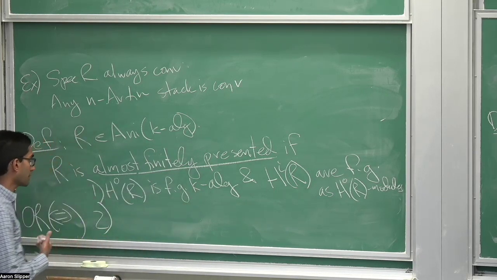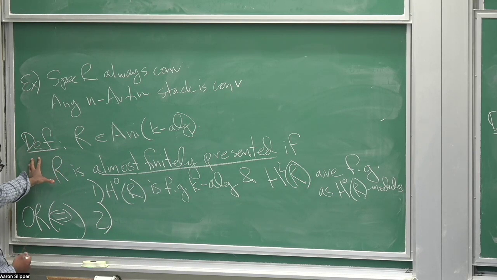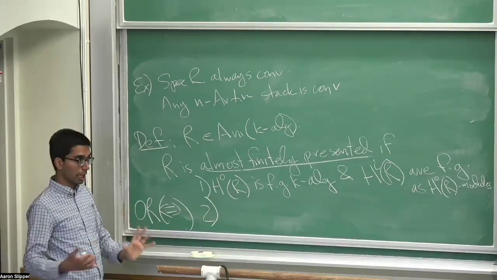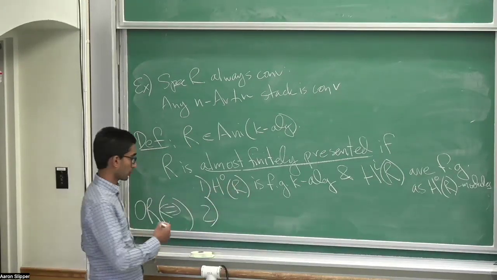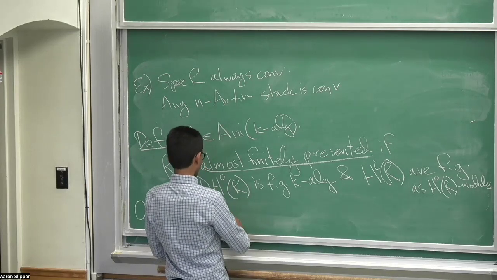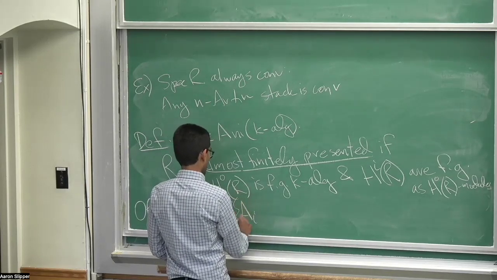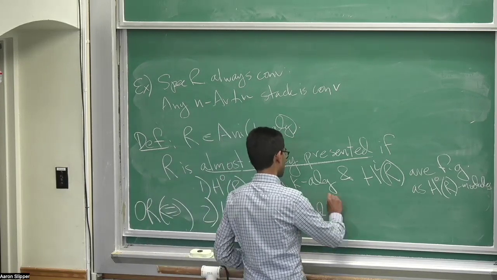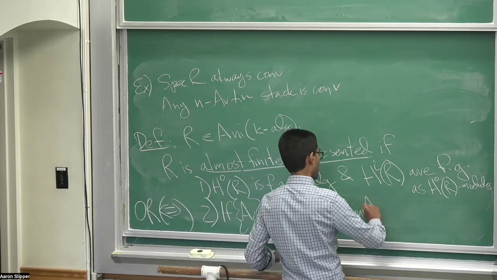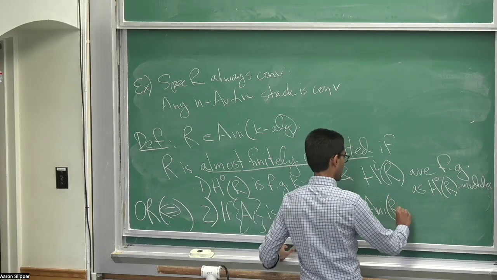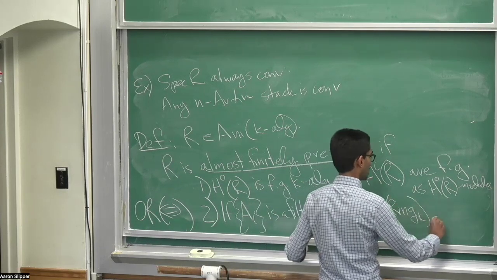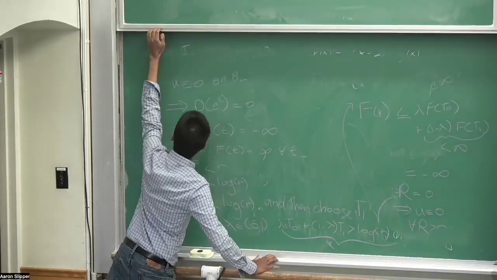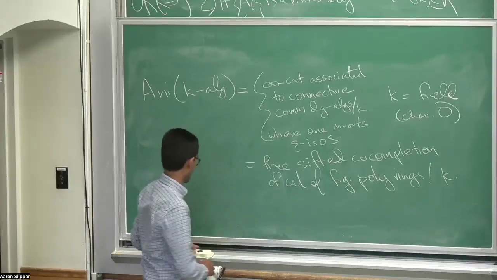The condition is that, given any filtered diagram of animated rings A_i, which are all n-truncated for some n, then homming out of R commutes with that filtered colimit.